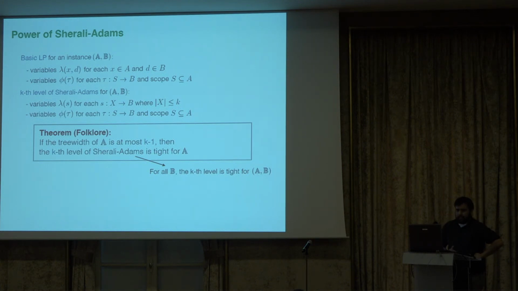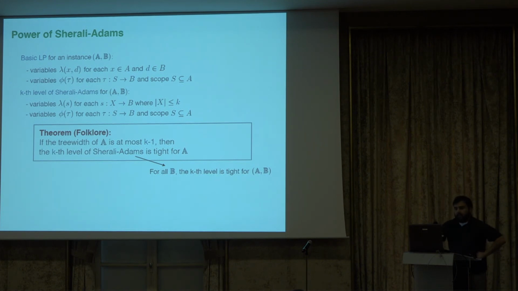And just let me mention that we have two types of variables in this program. We have variables associated to pairs of x in A and d in B, and some other variables associated to partial mappings from A to B, where the domain is a scope, okay? And a scope means that these are all the variables that appear in a positive constraint of A, okay?